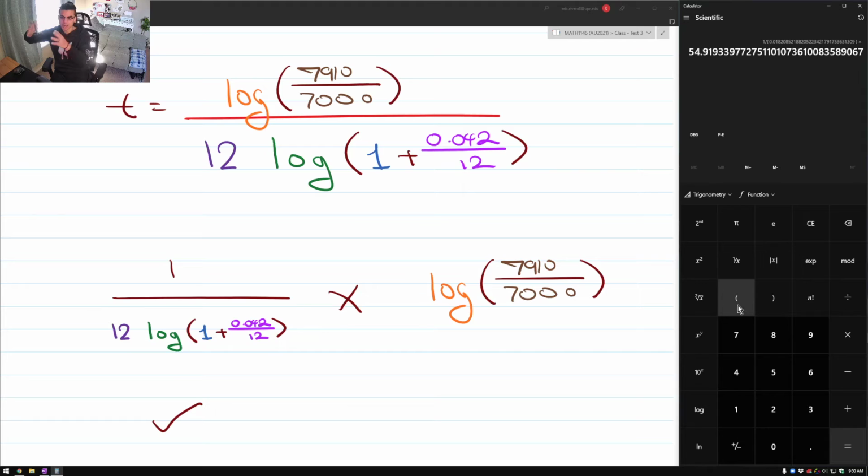You need to enter first the argument and then the logarithm function. So 1.2, 7,910 divided by 7,000, close parenthesis. That is the argument. Then log of that, closing parenthesis, and equal.